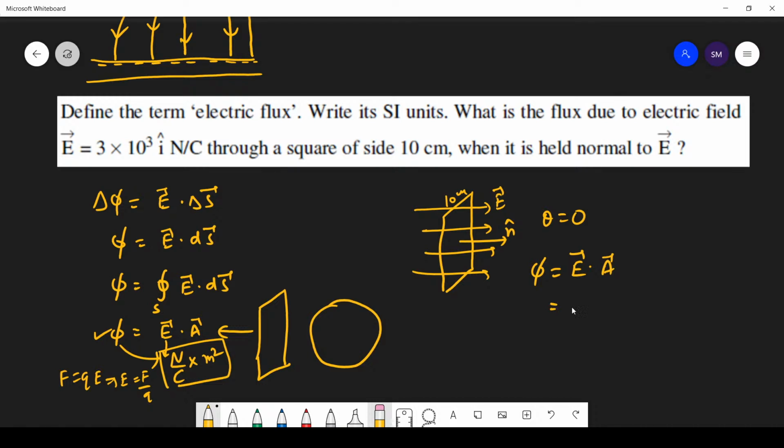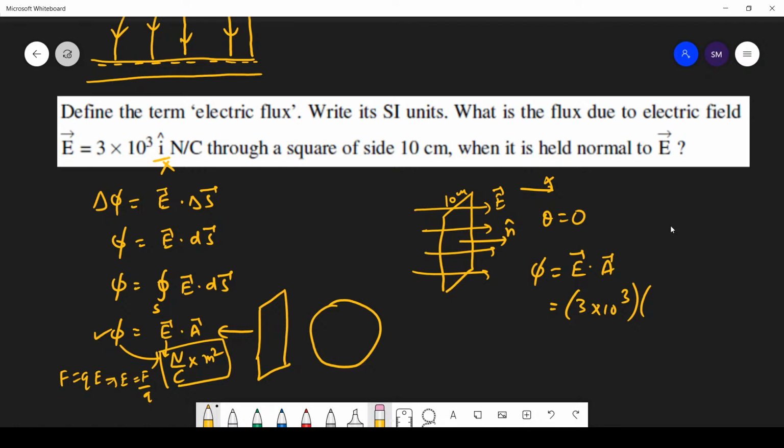Now what is the electric field? 3 into 10 raised to power 3, because it is in the direction of i cap, meaning x direction. And area is 10 centimeter into 10 centimeter.